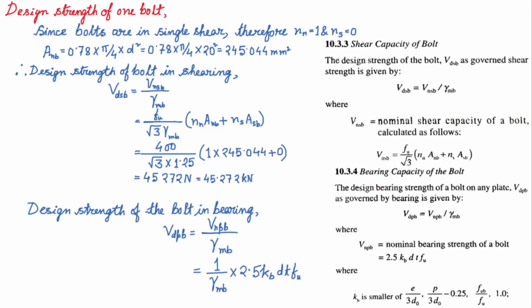Next, design strength of one bolt. Since the bolts are in single shear, therefore Nn equal to 1 and Ns equal to 0. Okay, so already we have discussed in detail single shear and double shear in our last 2 videos.